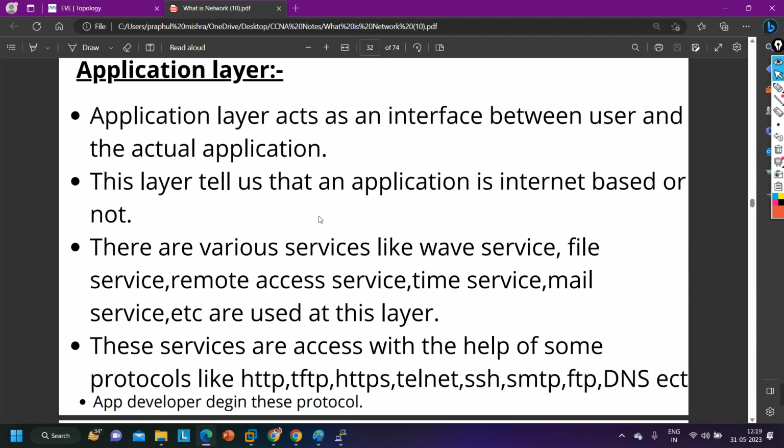Now here you can read something about the application layer. Please read.